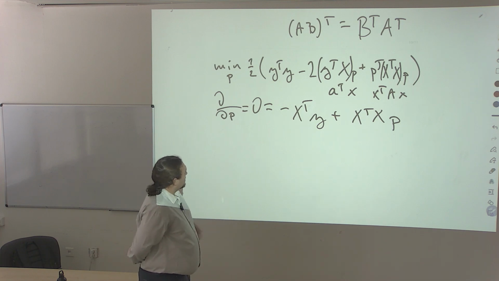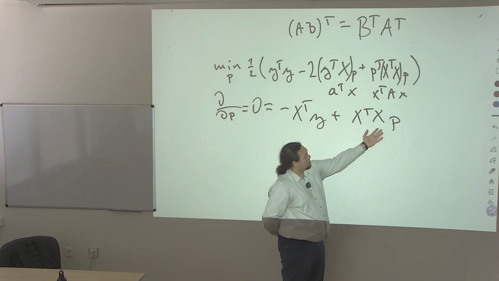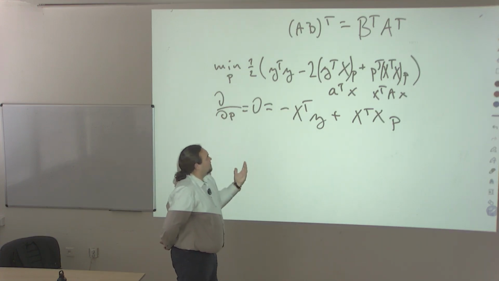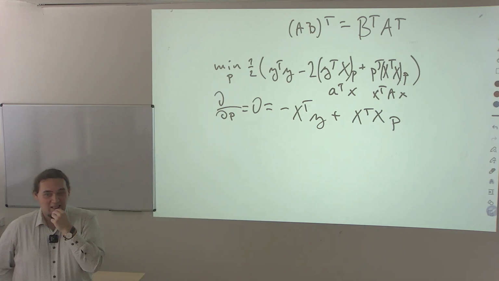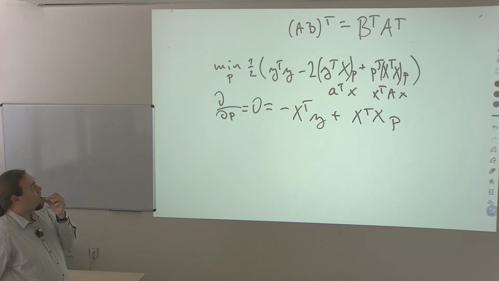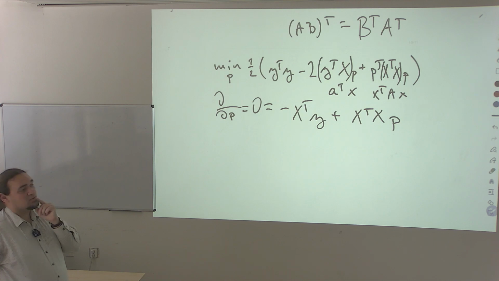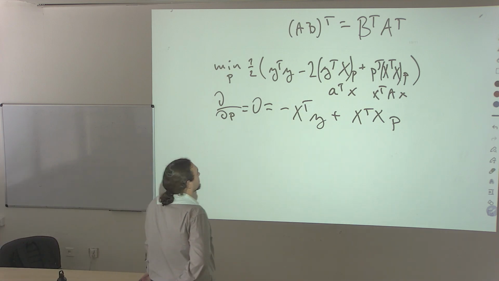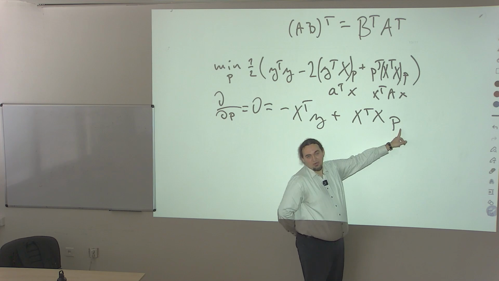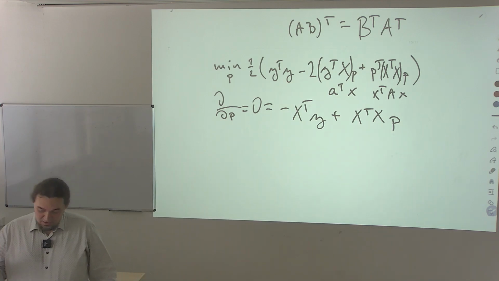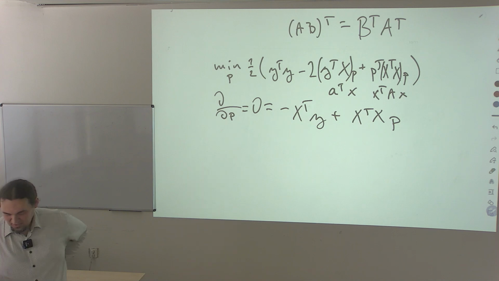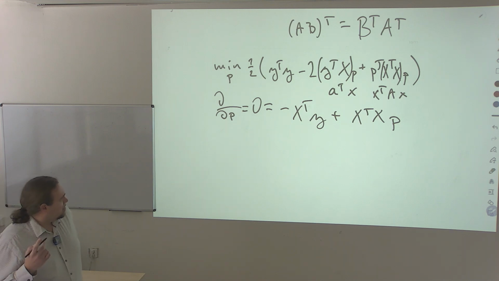Just believe me. Well, what we are actually having here, if we are now just a bit creative. Can we just put the x transpose in front of the bracket? We can, but it won't help us. Why? Because we want to separate this guy. It's a good suggestion, and it will show us something important.